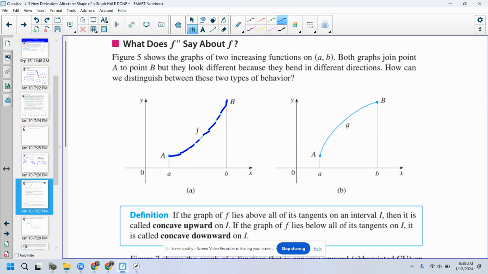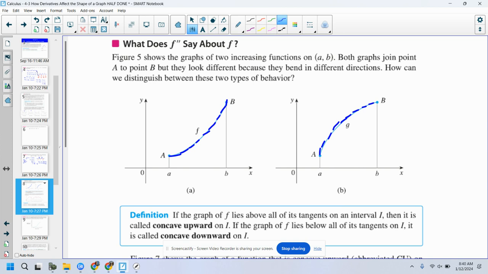If I take little snapshots of the slope, it goes shallow to a steeper slope as I go from a to b. Now this one goes from a steeper slope, then shallows out. So do you notice how they're bending differently? The rates of change are changing.